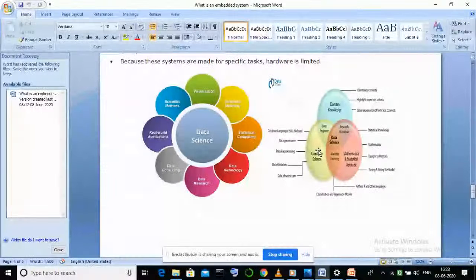Because embedded systems are made for a specific task, and the data is very important. When you have data, it's just information. But how to extract meaningful data out of it? So much data is available. Just see in WhatsApp, if you turn it on early morning, more than 50 messages from different groups are coming.